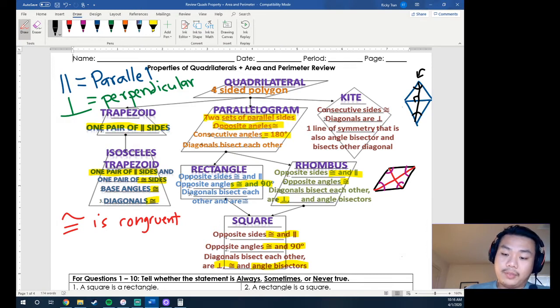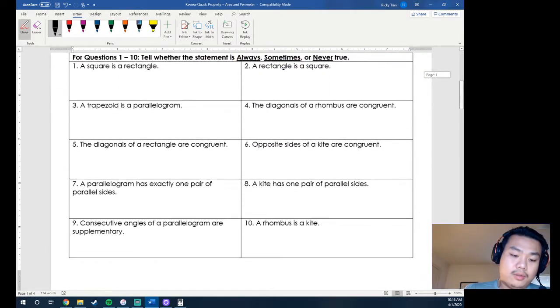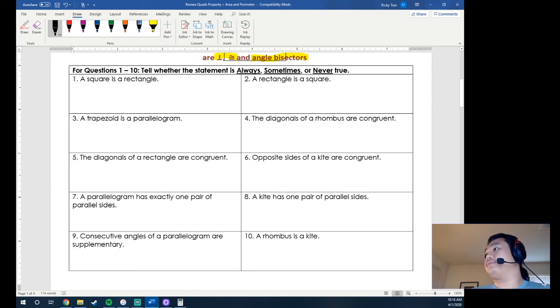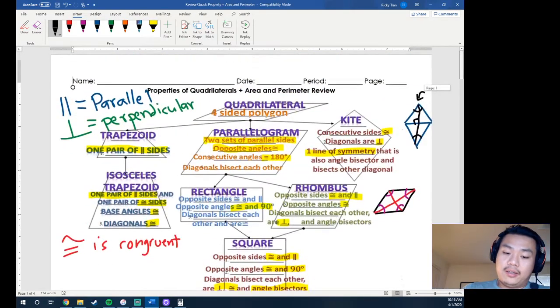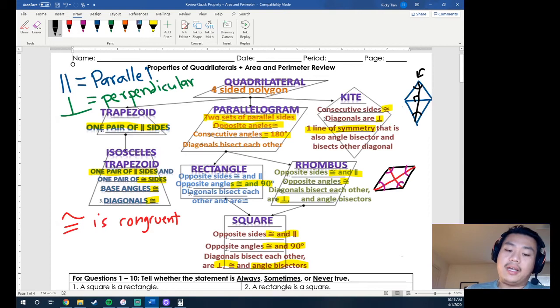So the reason why we're going over this is to understand the properties. For the always, sometimes, never, we have to refer back to our family tree. This is what we used our foldable for when we were at school. Remember, we always talked about how always, sometimes, and never works.